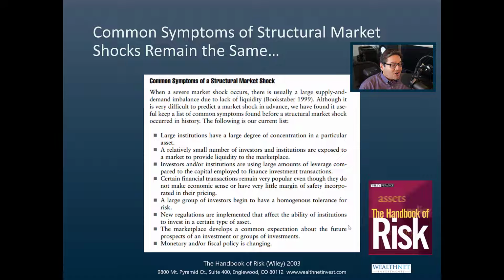A relatively small number of investors or institutions are exposed to a market to provide liquidity to the marketplace. So if you have a lot of assets being concentrated with a relatively small number of institutions, that's a red flag, because any one of those institutions could have a big impact on the market. And we're starting to see some concentrations in the market as well. Look at the exchange-traded funds, for example. I recently did some statistical analysis.